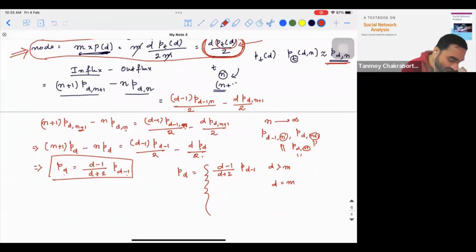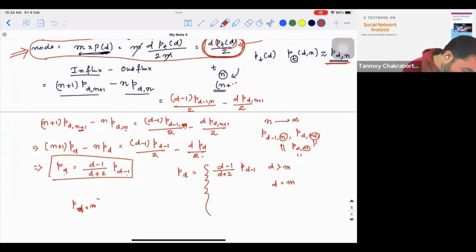What does it mean? It means that when a particular node is coming in, what would be the fate of nodes with degree m? If we want to calculate P of m, how do you calculate it?